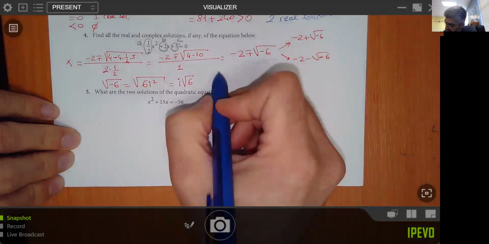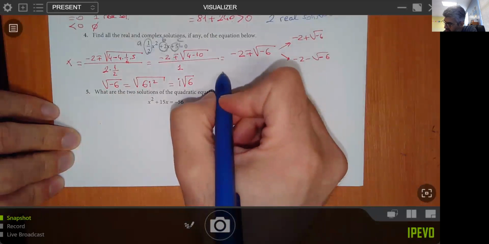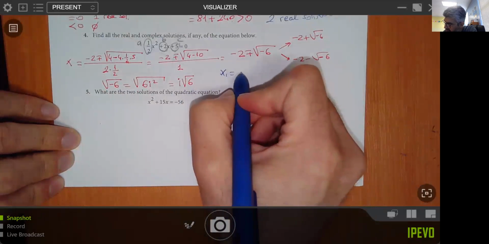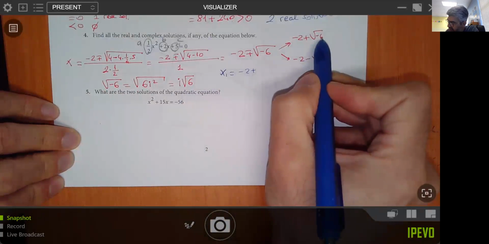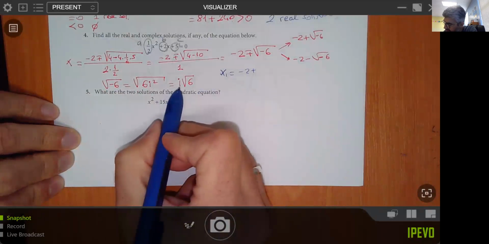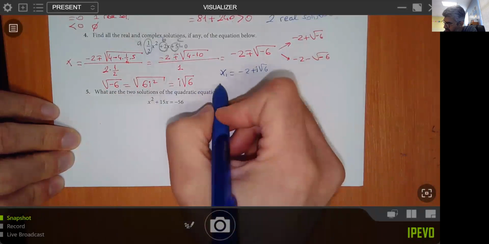From here, all the real and complex solutions. We have two solutions. X sub 1 is negative 2 plus i square root of 6. This is the first solution.